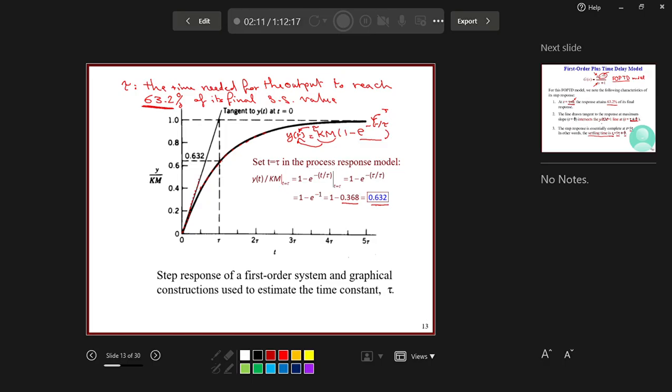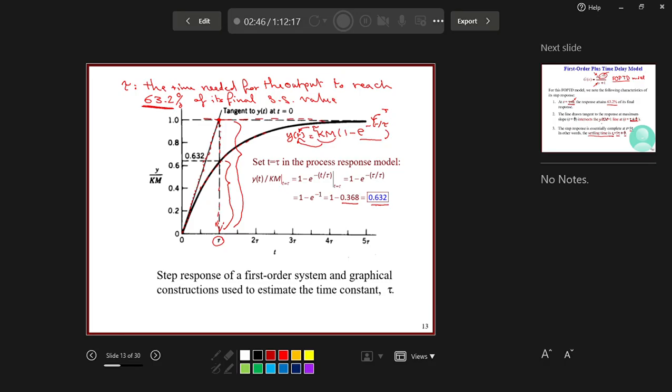If you keep extending the line until it crosses the steady state value, and then reflect this point of intersection down, what you will get is the tau. Now this distance over this distance is 63.2%. Hopefully now you understand the meaning of 63.2.